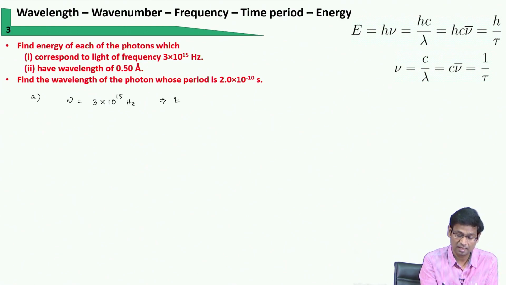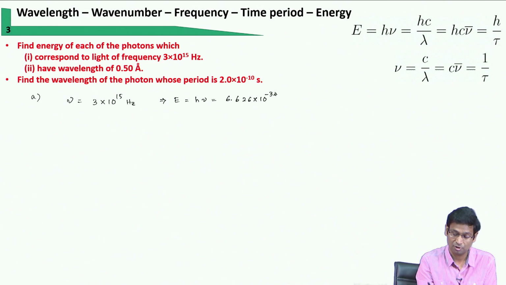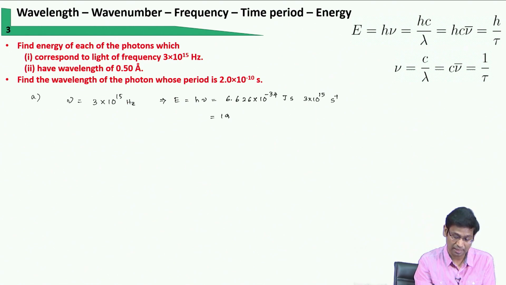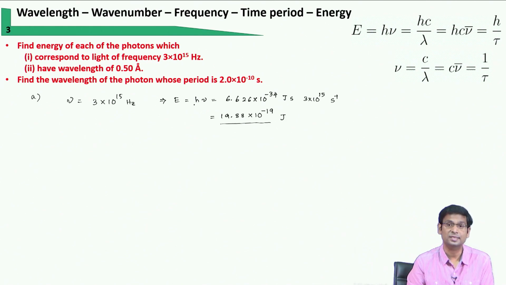E is simply h nu, where h is Planck's constant, 6.626 into 10 to the power minus 34 joule second, multiplied by the frequency, 3 into 10 to the power 15 second inverse. When you do this multiplication, you get 19.88 into 10 to the power minus 19 joules. So, this many joules is the energy corresponding to this photon. Of course, you can convert this into other units such as electron volt.